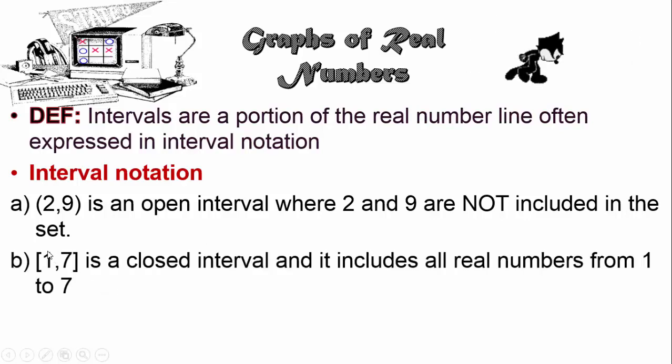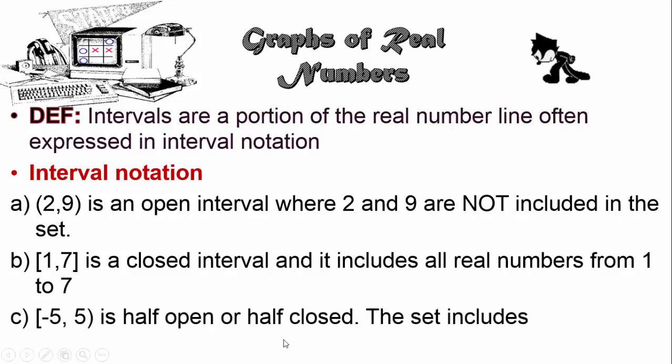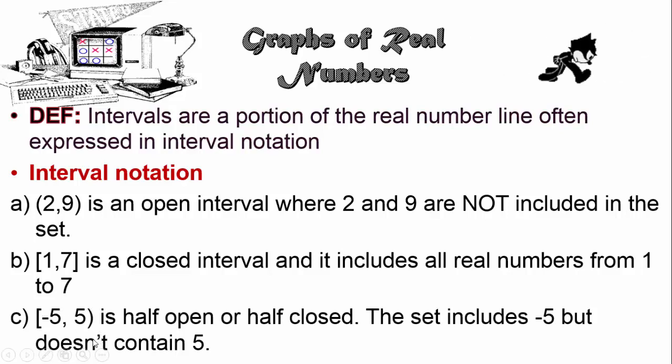In this example, we use square brackets for [1, 7]. This is a closed interval and it includes all the real numbers from 1 to 7, and that also includes 1 and 7. Here we have a square bracket and a round bracket.